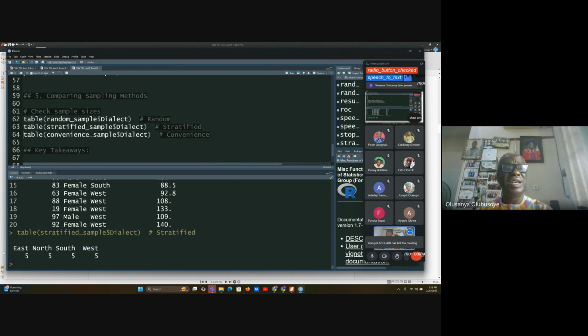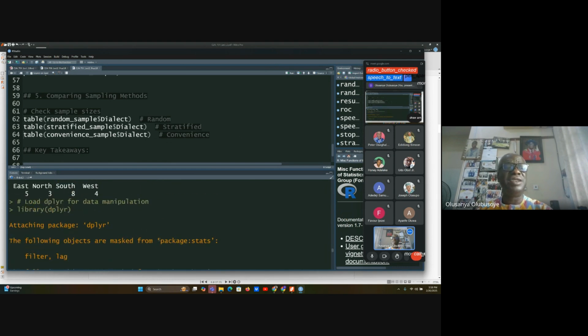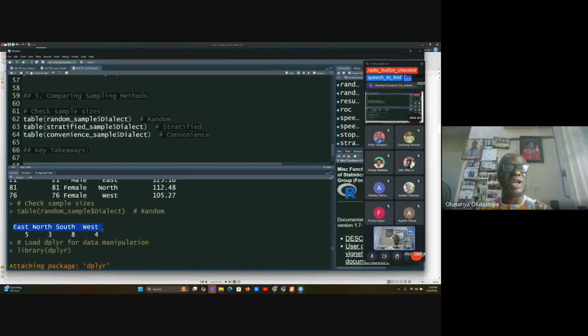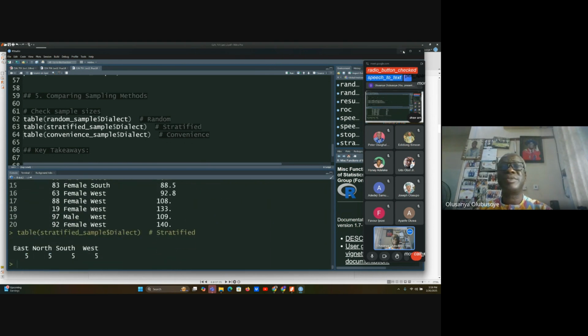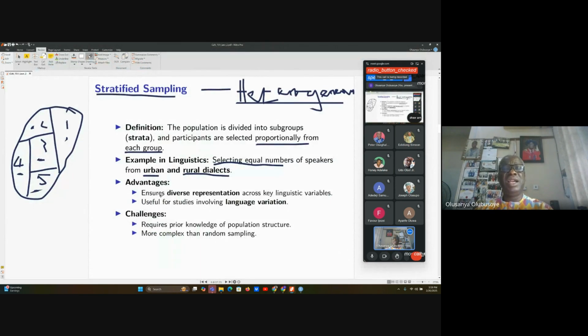So the dialects are equally represented, unlike what simple random sampling did by giving more preference to a particular dialect. So what are the advantages of stratified sampling?